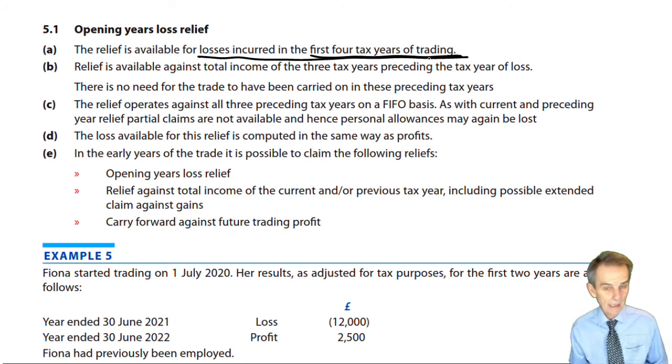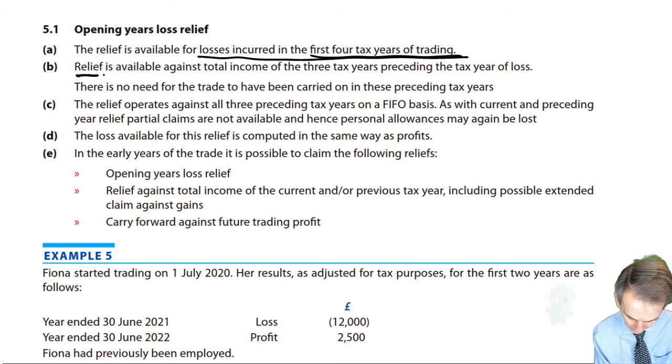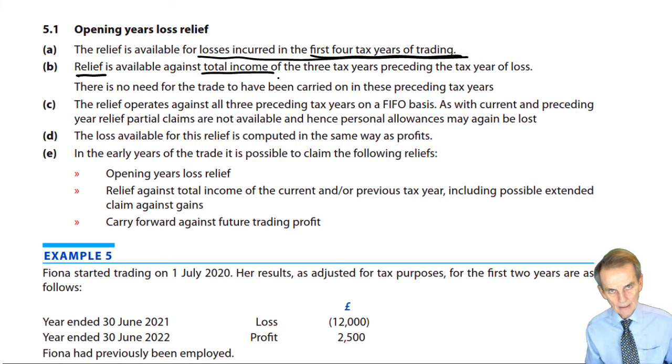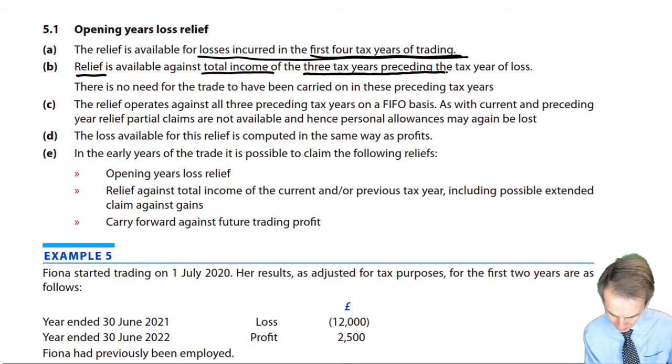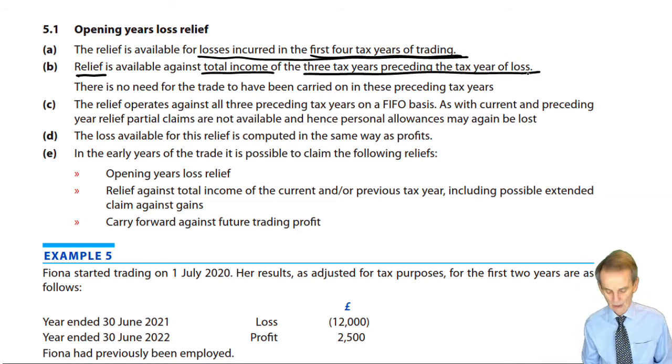And what it allows you to do, the relief is available against, yet again, total income, as with the current and preceding tax year claims, but this time of the 3 tax years preceding the tax year of loss. We can go back 3 tax years, not just 1, 3.